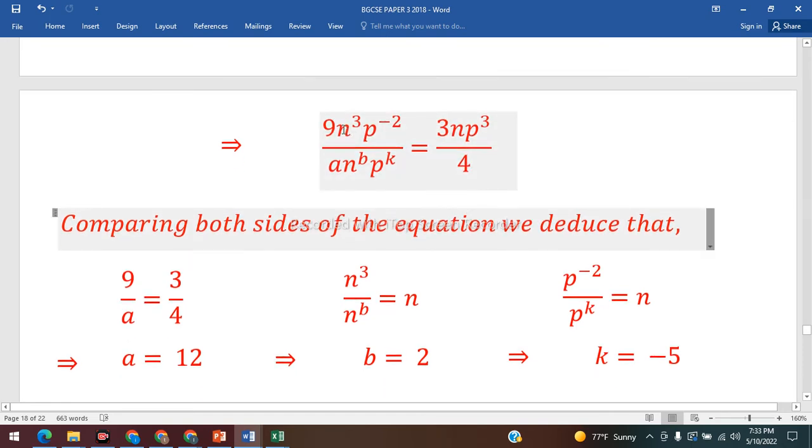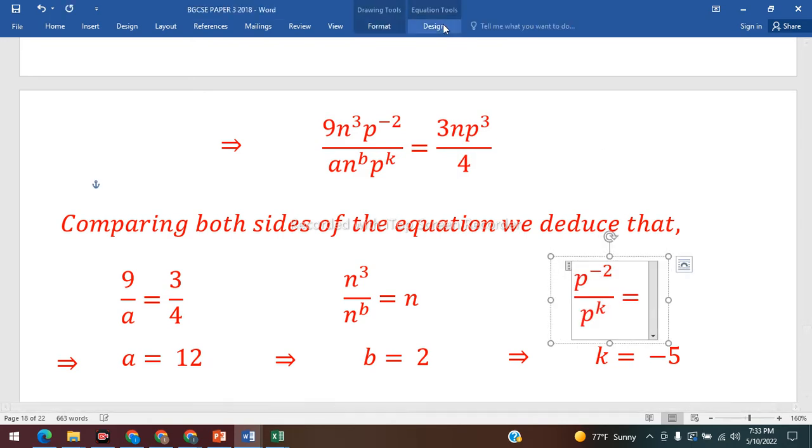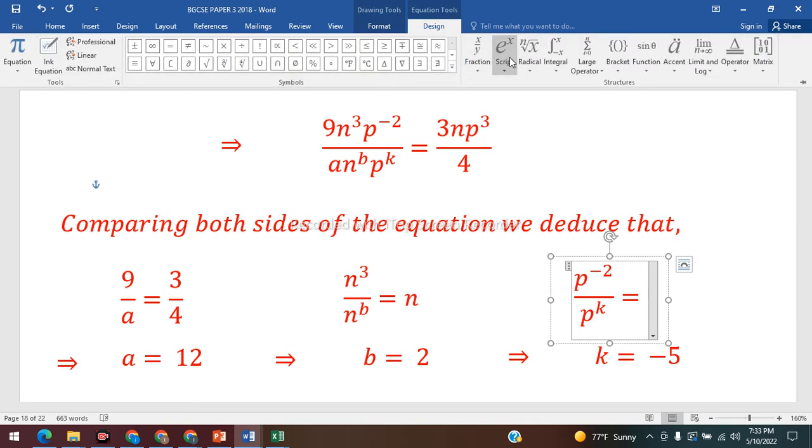Our n terms, this is n cubed and n to the b, that's going to be equal to n on this side. That's the only thing on this side that equals n. And then p to the negative 2 and p to the k, that's going to be equal to p to the third power.